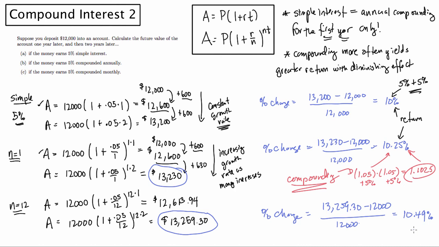So there's something interesting going on here where even though I'm telling you it's 5% each year for 2 years, only in the case of simple interest does that equate to 10%. In both of the compounding cases, you actually get a larger return than simply adding the interest for each year would indicate. And that's something to keep in mind, that when you compound interest, the more often you compound, the larger the return, the larger the percentage change.